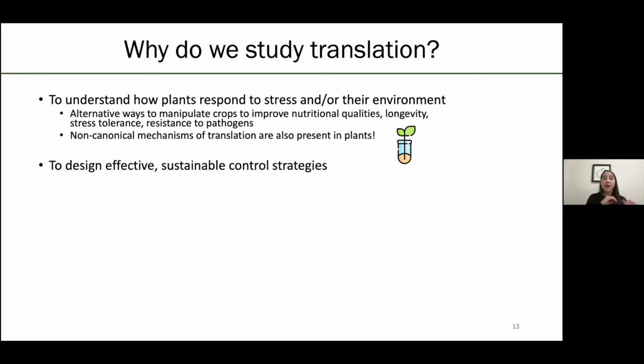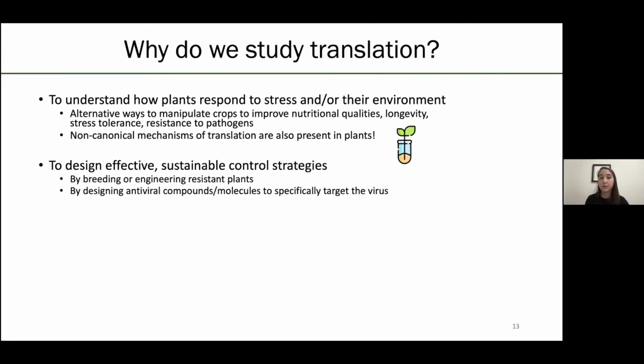In terms of viral translation, we need to understand how viruses produce their proteins in order to design effective and sustainable control strategies. That being by breeding or engineering resistant plants, because if we know the requirements or the needs of a virus in a host, we can take those and design strategies to fight them. Or by designing antiviral compounds or molecules to specifically target the virus.